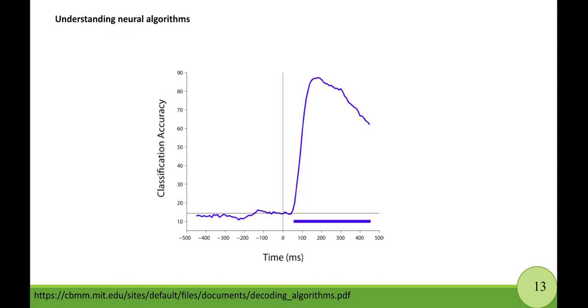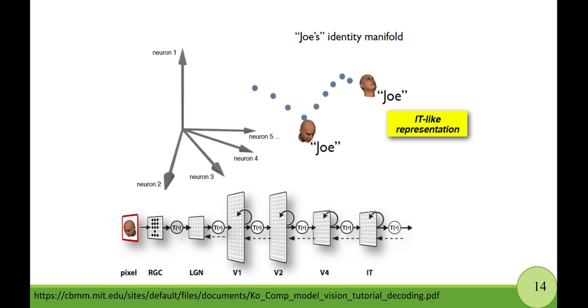Depending on the category, this will be different. And then when we show the stimulus at this time frame, we see that the neural activity and the classification accuracy increase significantly. So this is a very, very basic neural decoding algorithm that I thought was interesting to present, to show how this will be calculated.